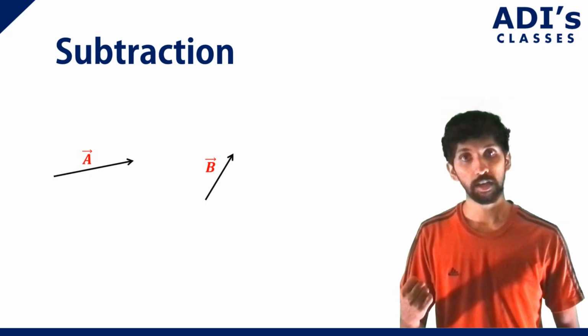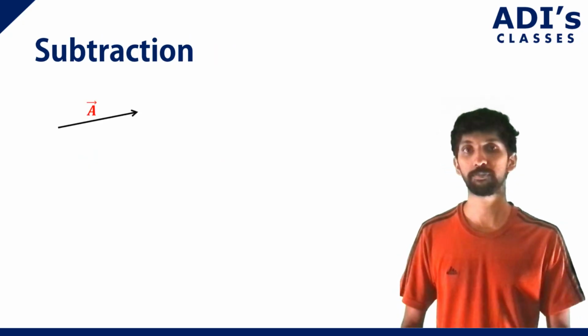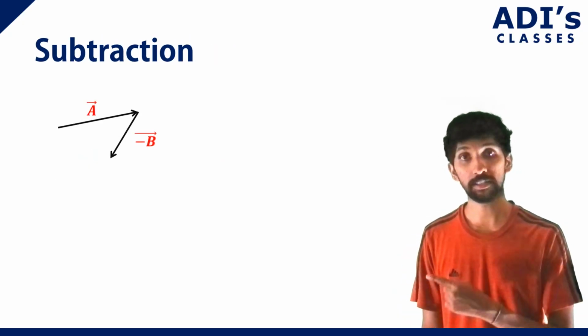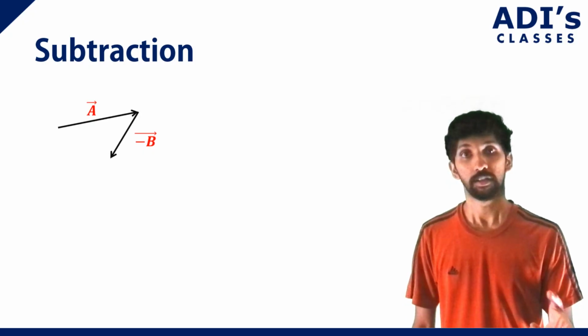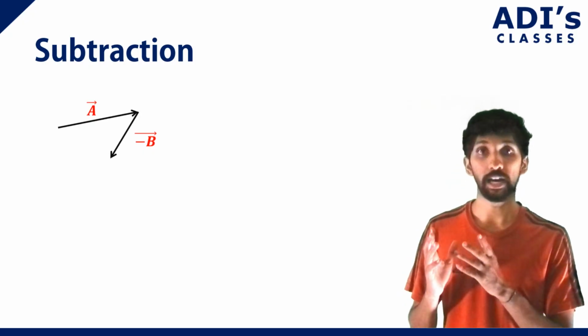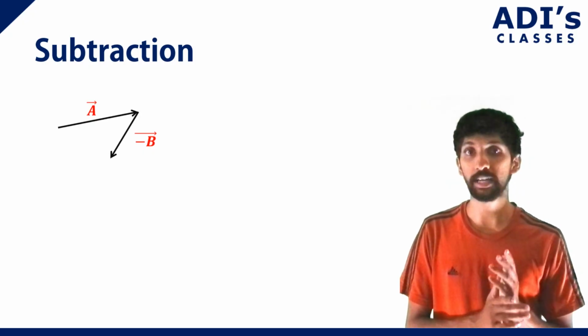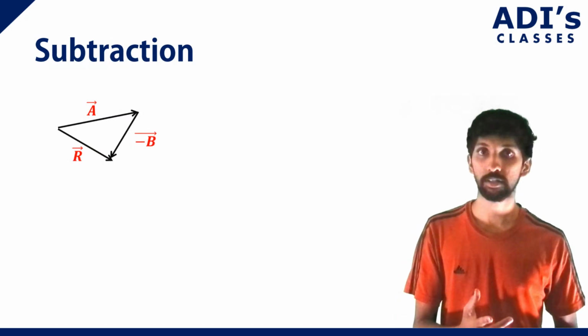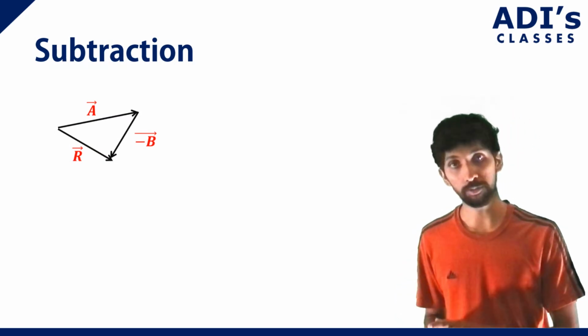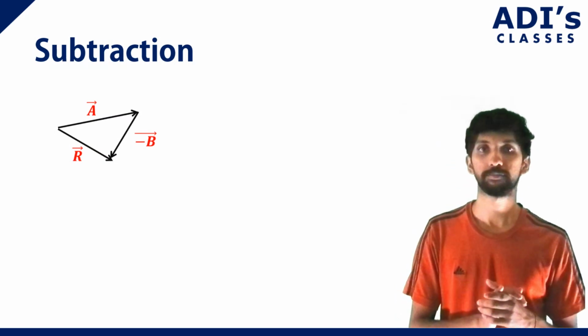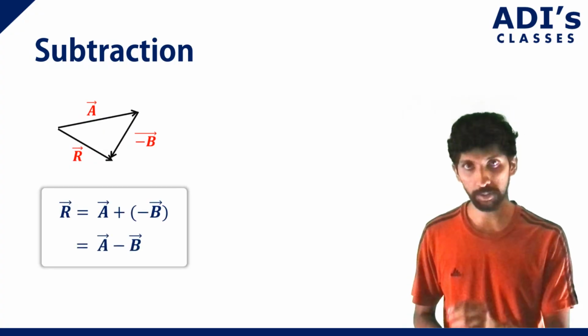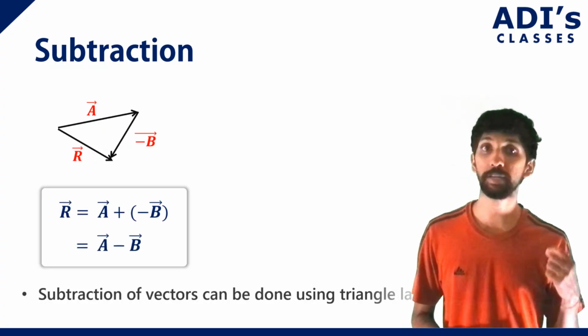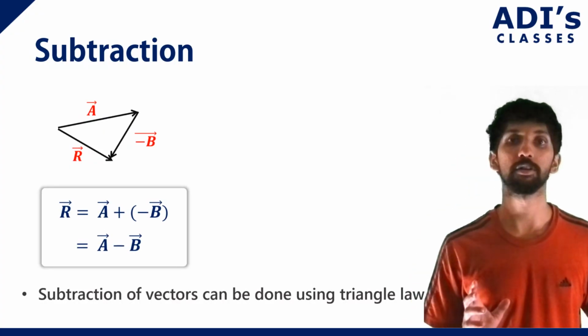You have A plus of minus B. Plus of minus B is what? Minus B. So you get the resultant as A minus B. So basically, whenever you have a negative vector, we change the direction and we use the triangle law. Understood, right? So subtraction of two vectors can also be done using the triangle law.